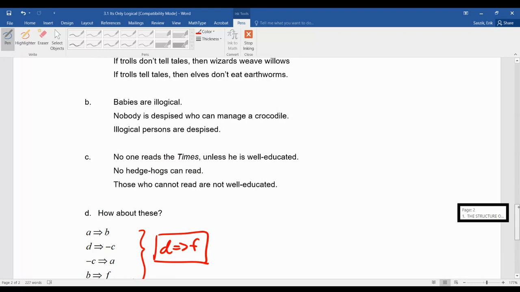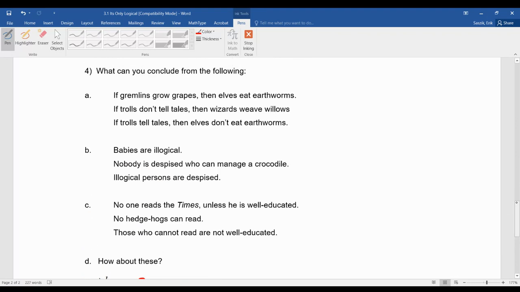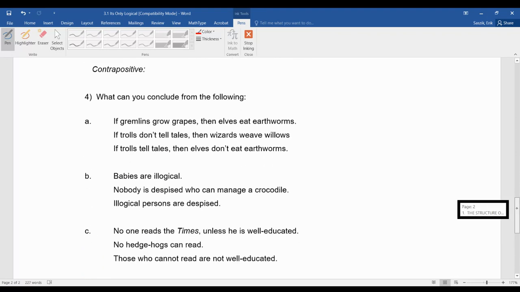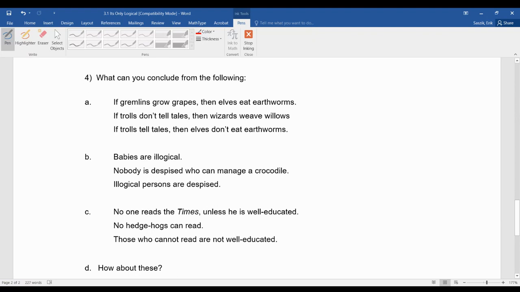Now this word stuff, I don't want you to get too hung up on this, but it can be tricky. We're doing the same thing here, but usually I find it easier to translate these sentences to using just simple letters. If gremlins grow grapes, we'll call that G, then elves eat earthworms.